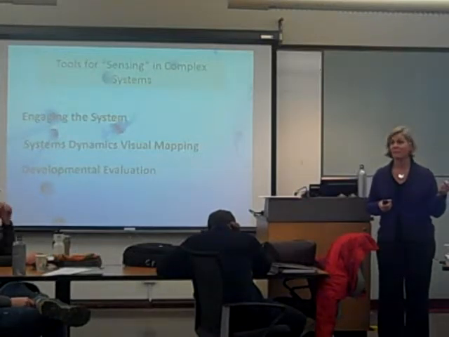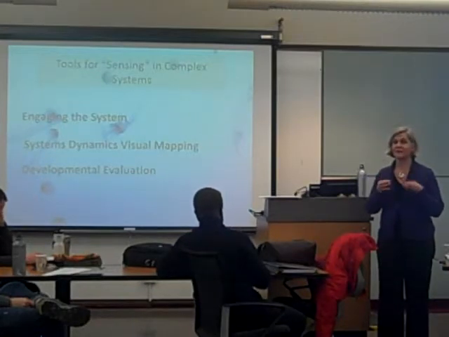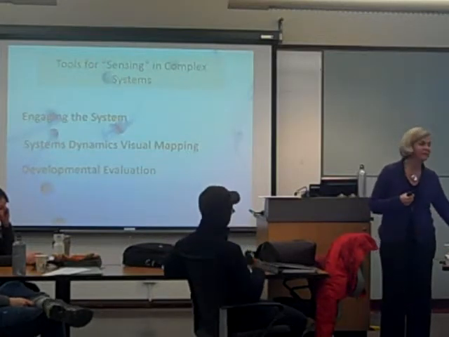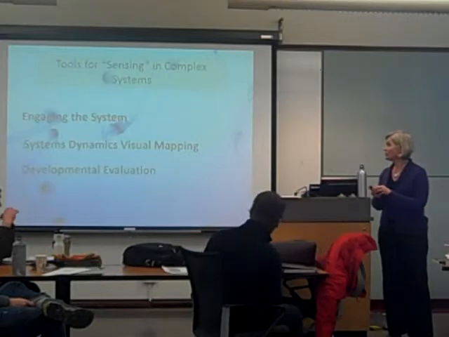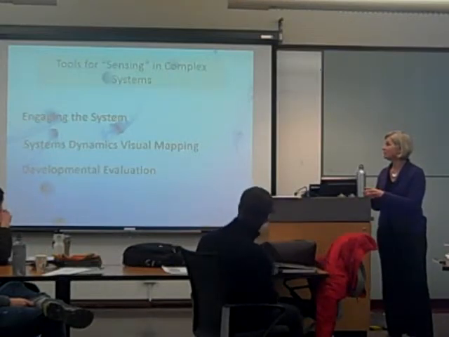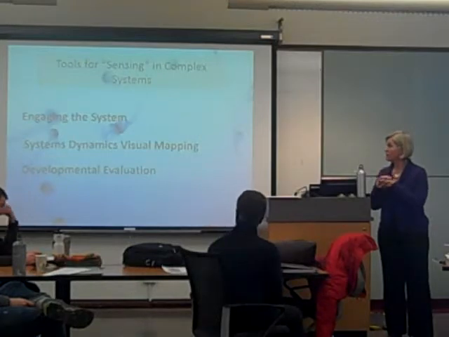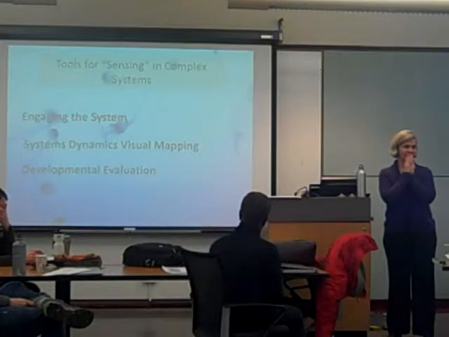Yep. So there are some tools for that, the sensing, the analyzing of complex systems. And again, there are literally hundreds. I pulled out some that I've been using and that I thought were helpful. And I think I'm still going to do the exercise. Again, you see engaging the system.